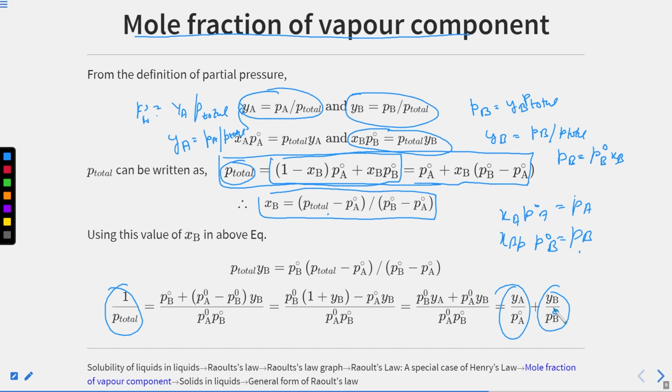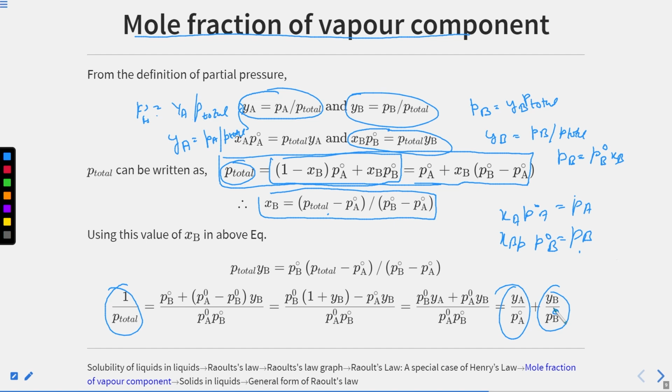YA is the mole fraction of the A component in the gaseous phase, divided by the pressure that would be applied by A in its pure form. Add YB, which is the mole fraction of B in the vapor phase, and P naught B is the vapor pressure due to component B in its pure form.